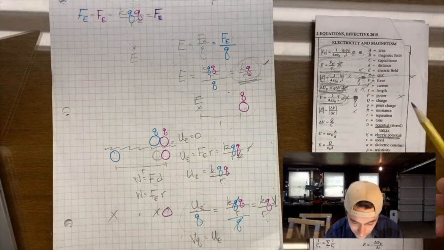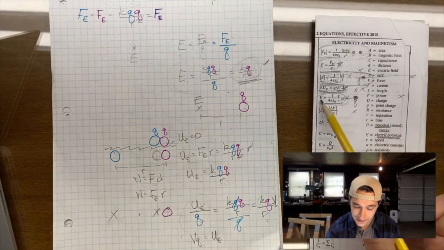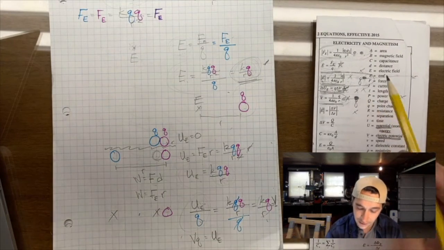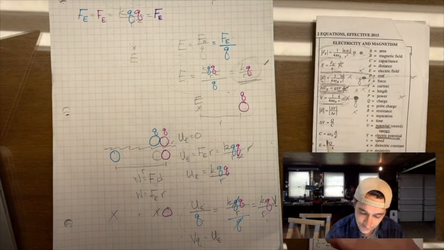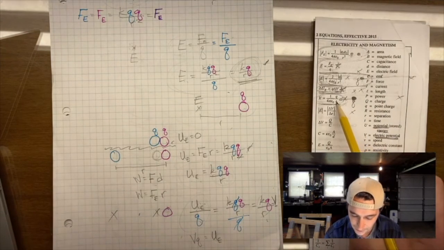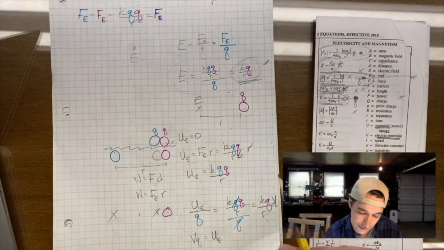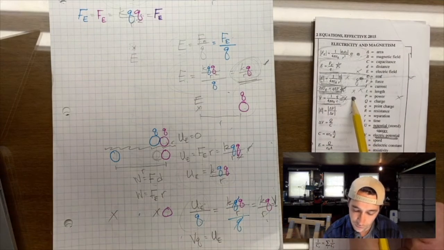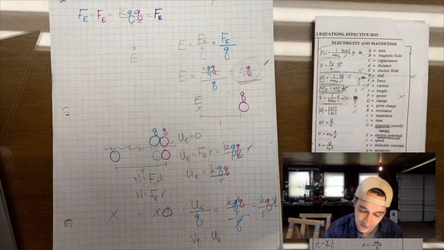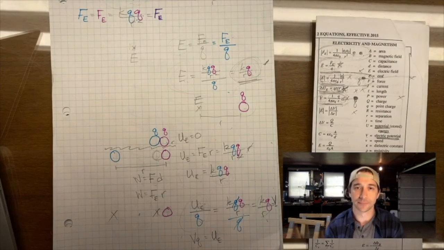Every single space around it has some potential caused by that charge, until we move far, far away to infinity. At infinity, this bottom number becomes so gigantic that this limit goes to 0. So you have no more electric potential due to a point charge when you move infinitely far away.